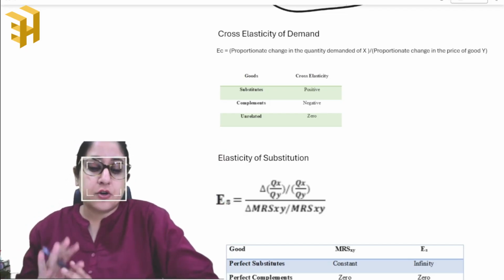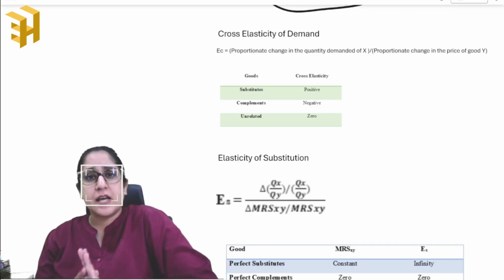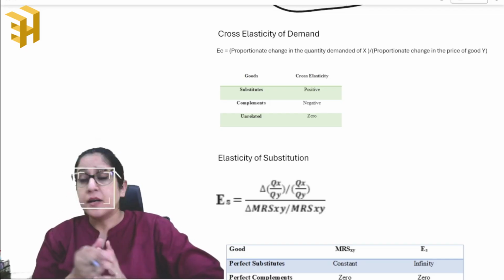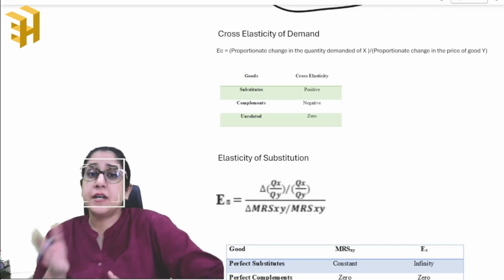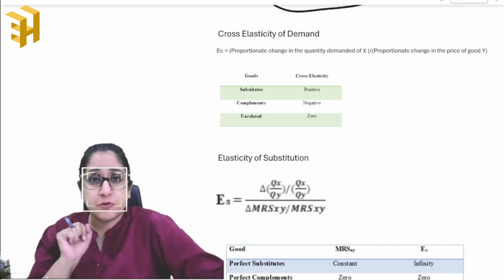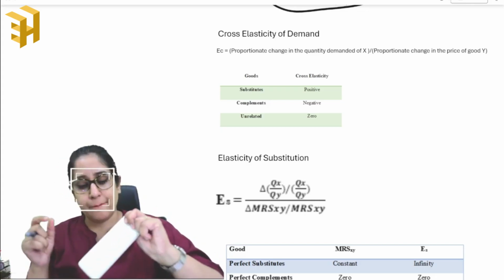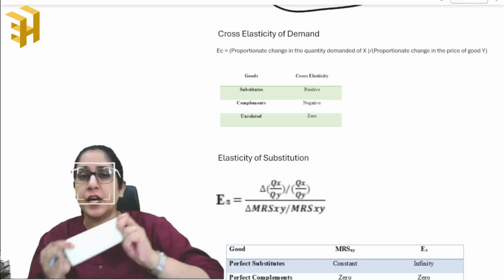Next comes your cross elasticity of demand. Now we have some goods that are consumed together, or that can be consumed in place of one another. For example, take this remote. Batteries and this remote are consumed together.